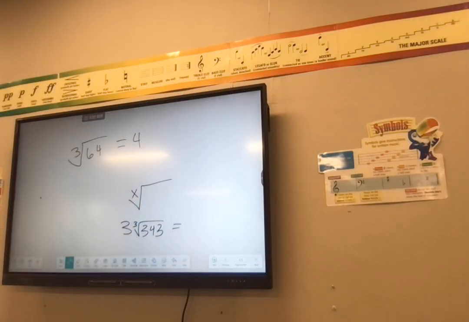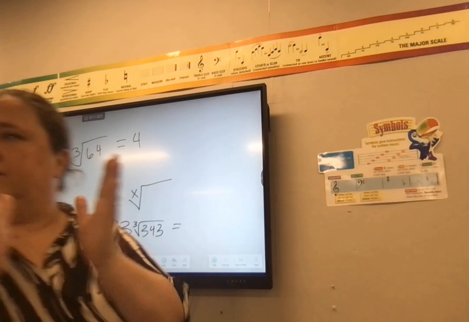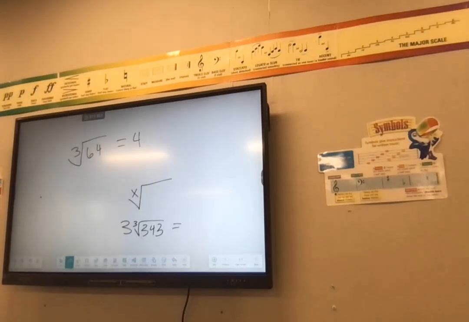Do that one on your calculator. We know we're doing cube root, so hit 3. The cube root is this one with a little x, so you hit second. 3 is standing in for the x, and then you type 343. Does everybody know how to do it on the calculator? Anybody need me to show you? I should show it on the video too.